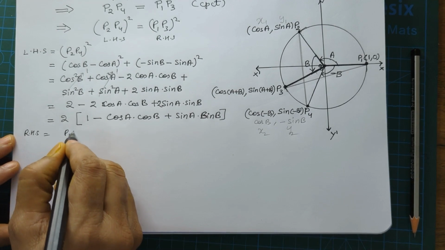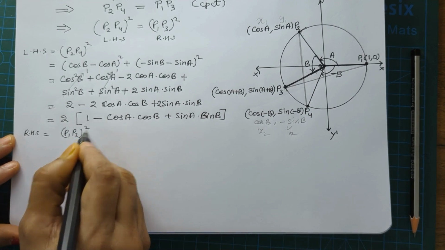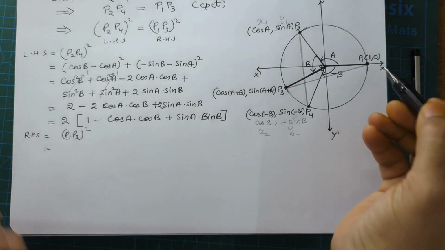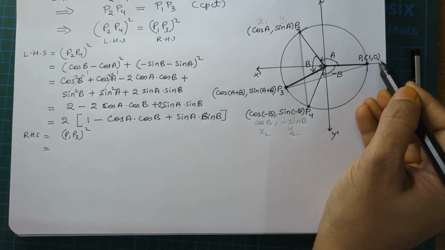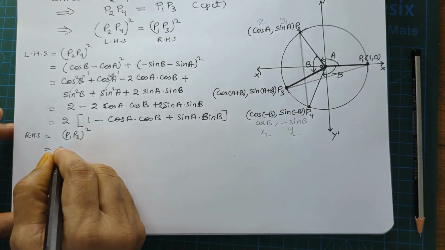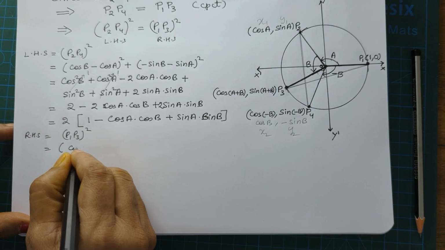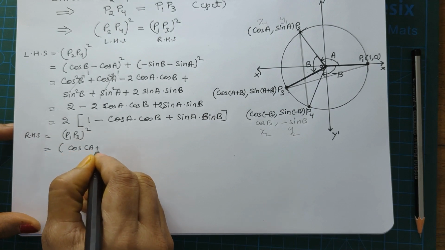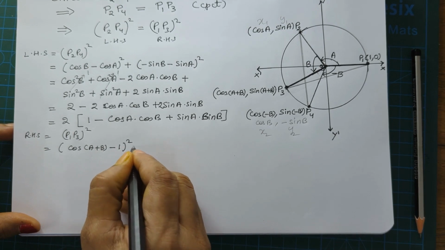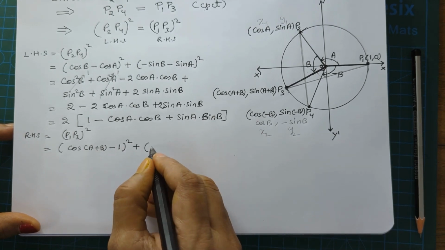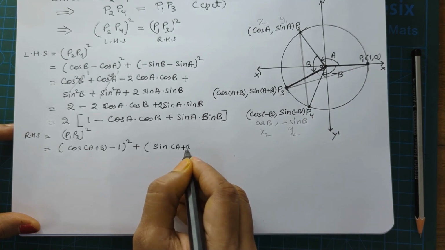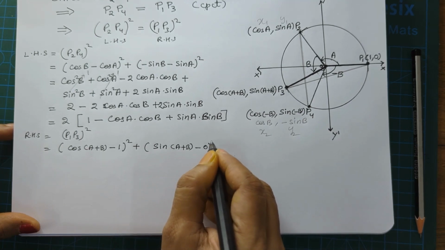So the right hand side is P1P3 square. If square is there, we can avoid the square root of the distance formula. Now this can be x1 y1 and this can be x2 y2. So we go for x2 minus x1, meaning cos of (A plus B) minus 1, whole square, plus y2 minus y1, sin(A plus B) minus 0, whole square.